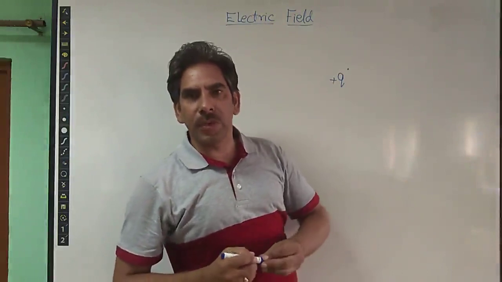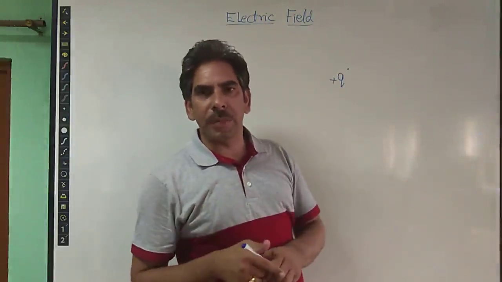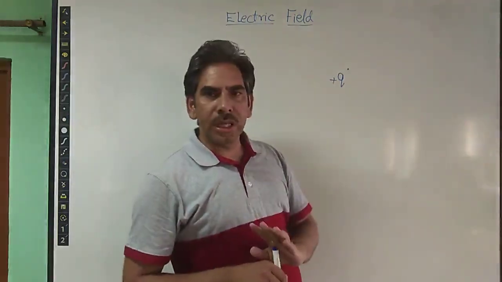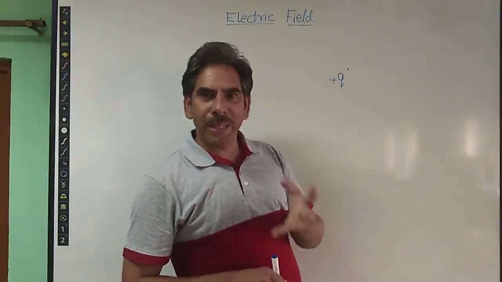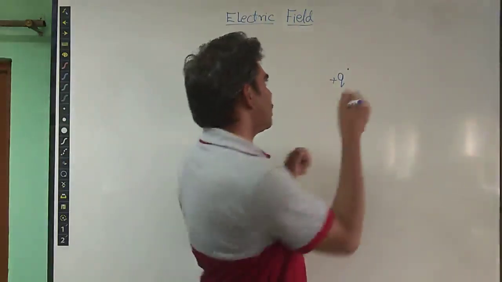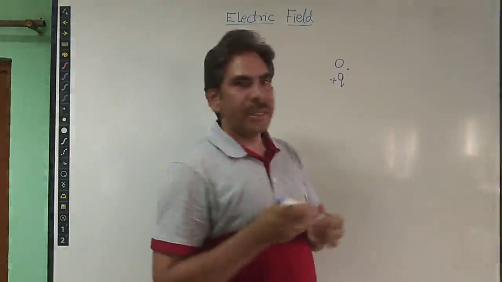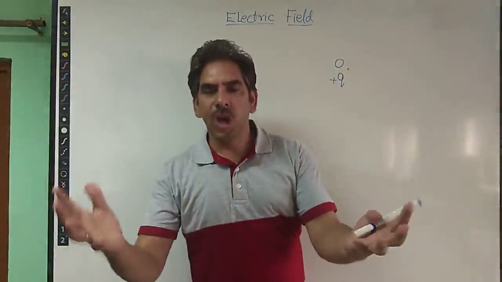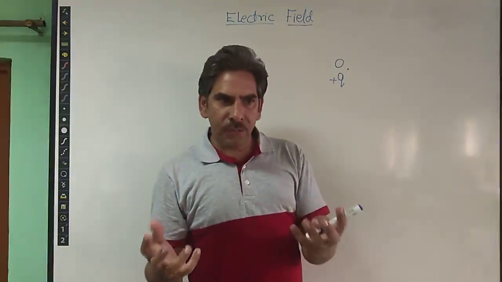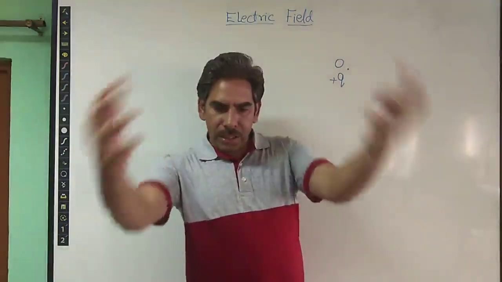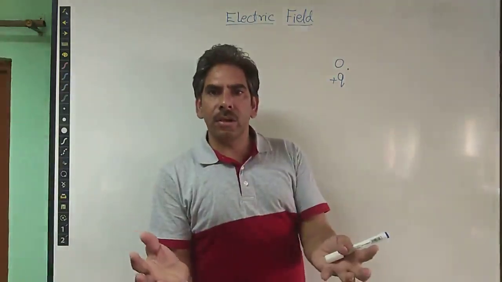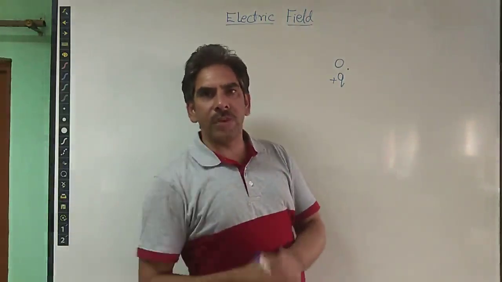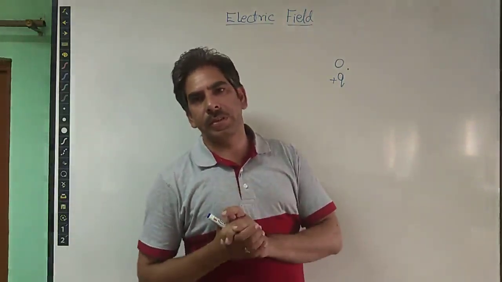It is free space where nothing else is present. As soon as it comes to this position, let it be O, it starts influencing the region around itself, or we can say it starts creating an influence in that region, or field. So that influence is nothing but the electric field.